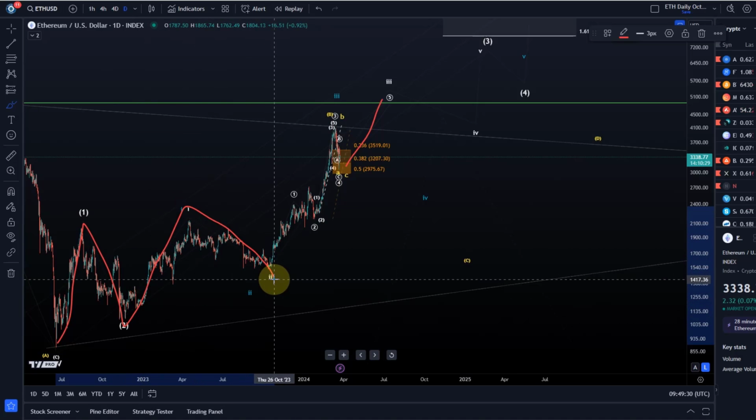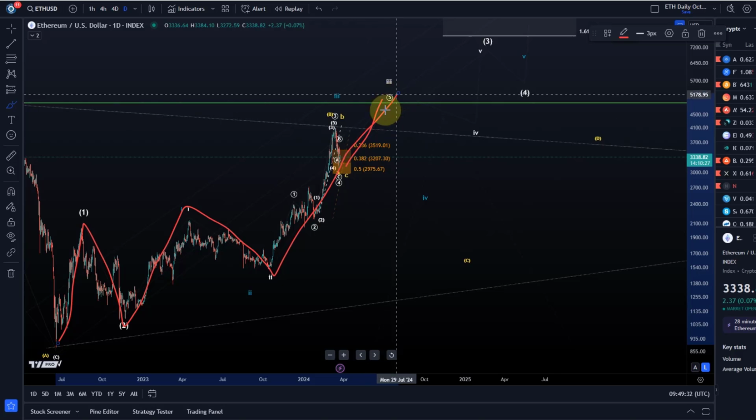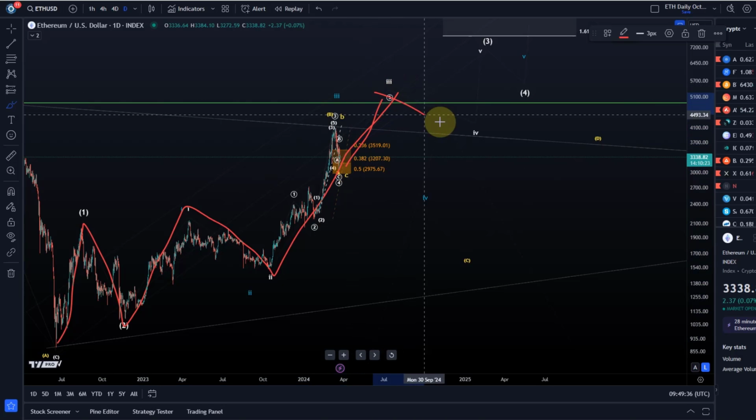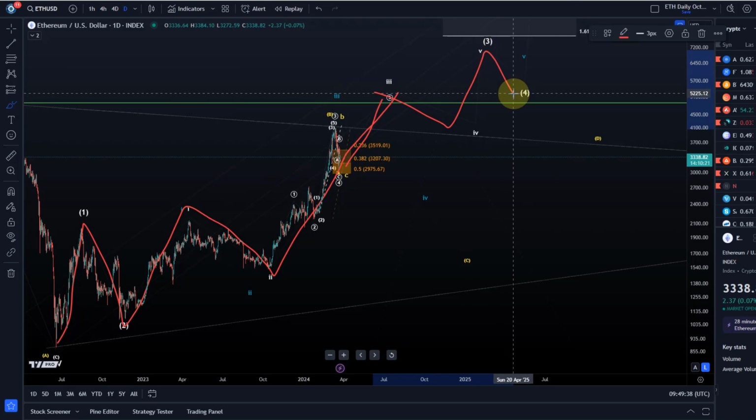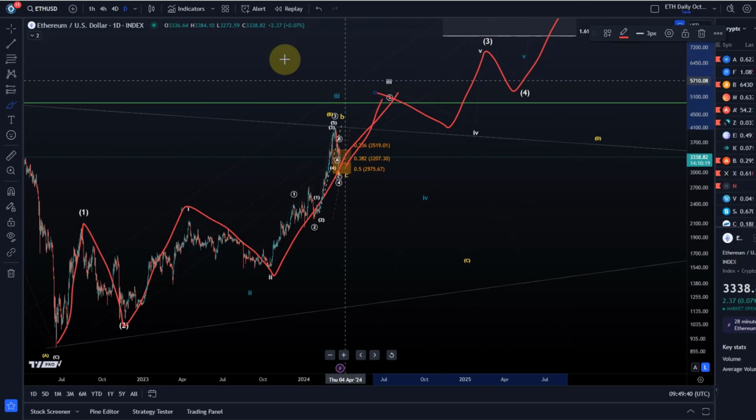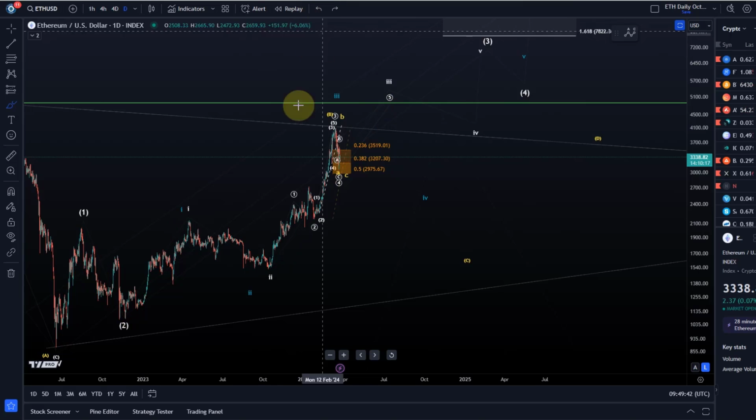And now we are in this larger third wave, that would be completed with one more high. Then ideally we get another 4-5 and another 4-5, and there we are in all-time high territory, and not only all-time high territory, but all-time high target territory, around 8K plus. But this is the most straightforward bullish count in an impulse.